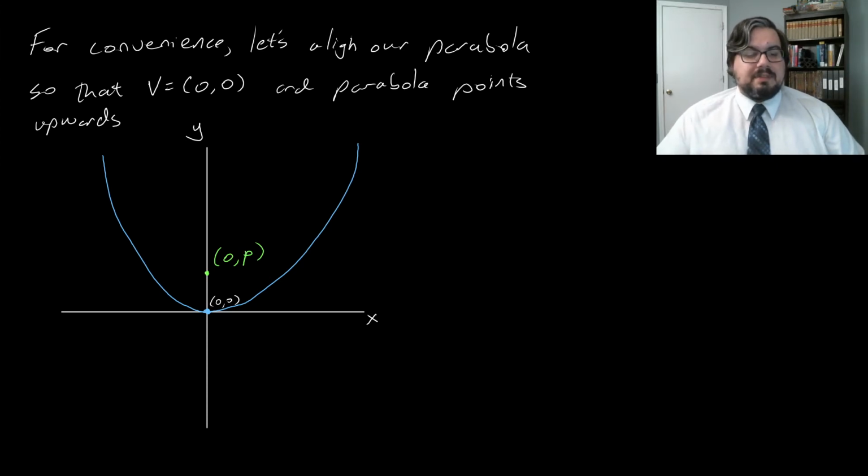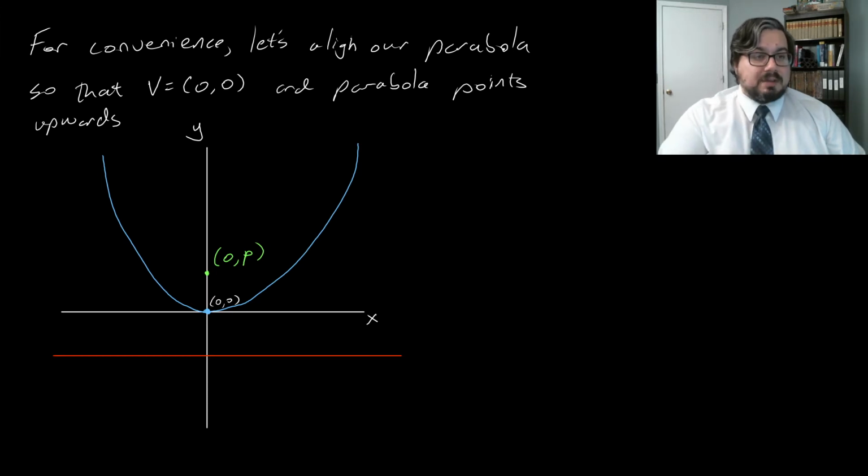And if that's the case, then the directrix, which has to be as far away from every point on the graph as the focus is, has to be sitting down here with the equation y equals -p.